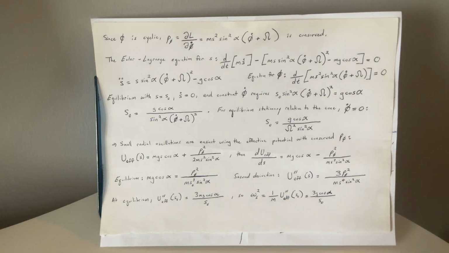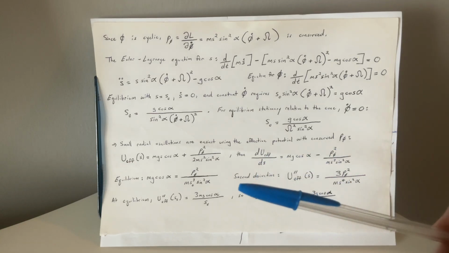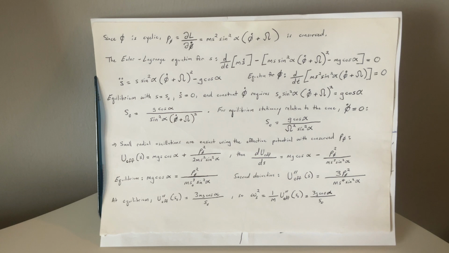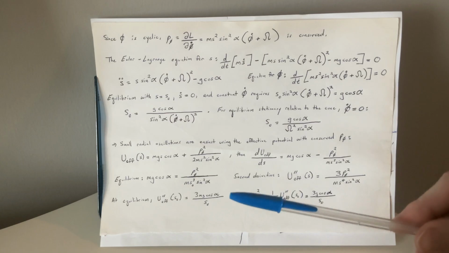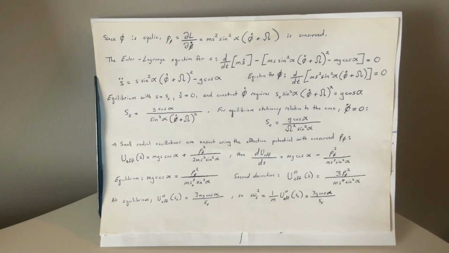So our equilibrium, mg cosine alpha equals p sub phi squared over m s naught cubed sine squared alpha. And our second derivative, U sub eff double prime of s equals 3 p sub phi squared over m s to the fourth sine squared alpha. So at equilibrium, U sub eff double prime of s naught equals 3mg cosine alpha over s naught.